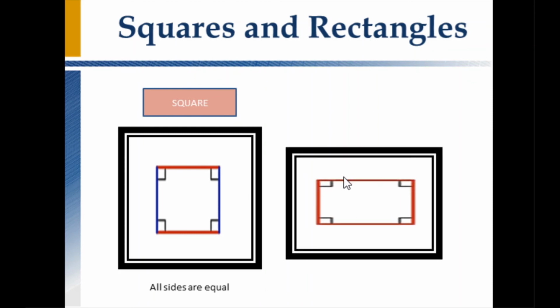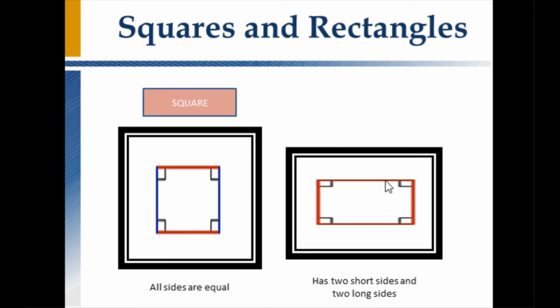Okay, how about the second picture? Does this one have equal sides? Yes or no? No, it does not have equal sides. What have you observed with this figure? It has 2 short sides, which is this one and this one, and it has 2 long sides.